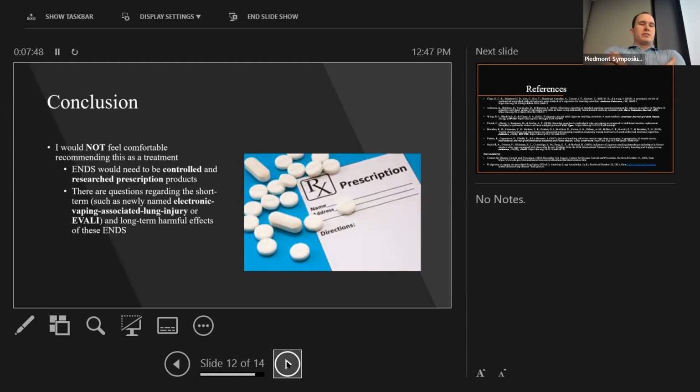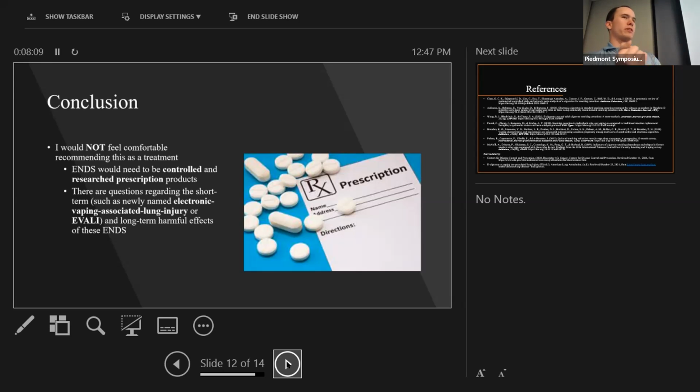So in conclusion, I personally would not feel comfortable recommending this right now. Like I said, we don't know what goes into these. They're not FDA approved. We don't know the long-term effects. They've only really been popular since 2017, even though they've been out a little bit longer than that.